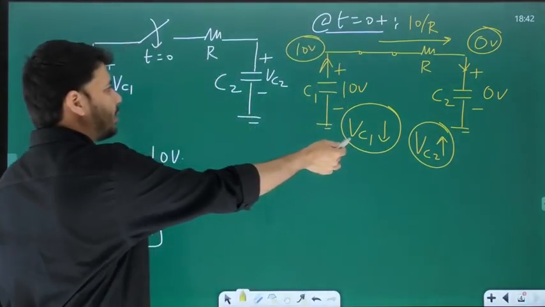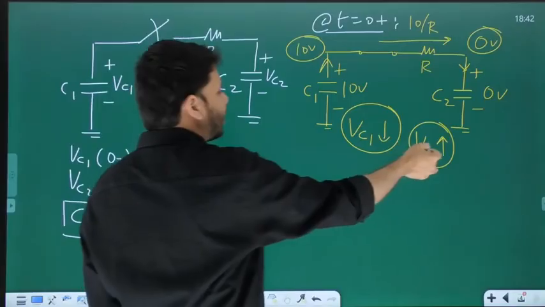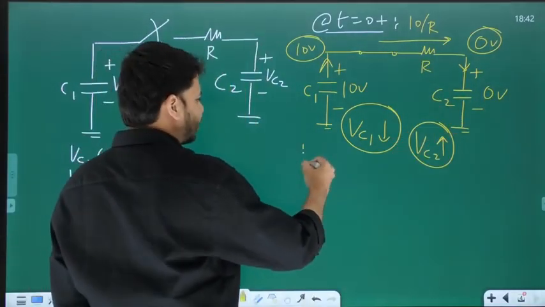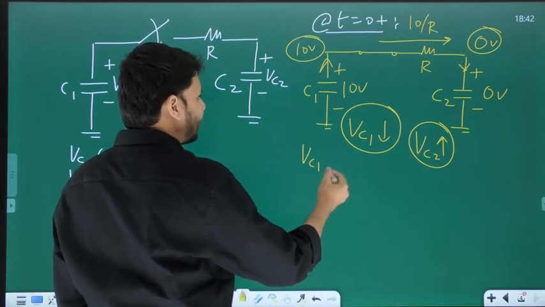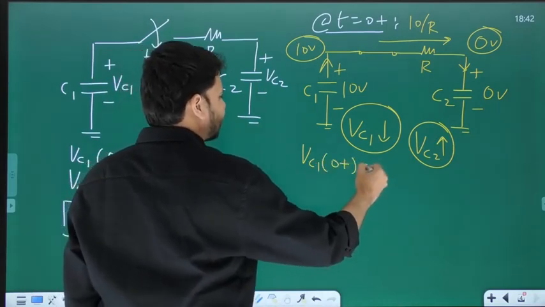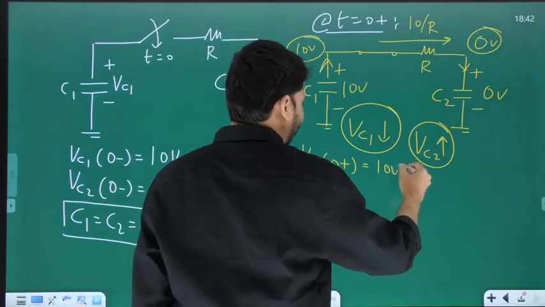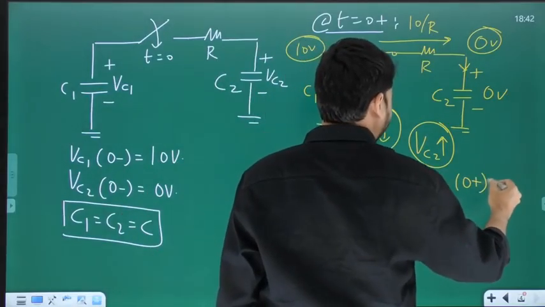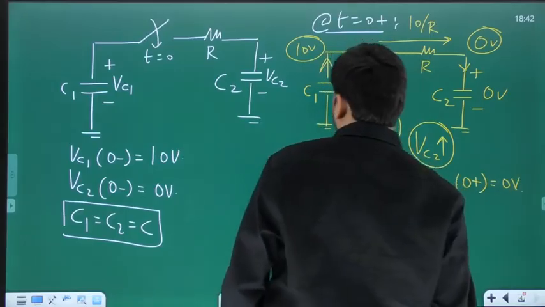And what is the initial value of VC1? It is 10. And what is the initial value of VC2? It is 0. Just for the sake of completeness, let me write down VC1 at 0 plus to be equal to 10 volts. And VC2 at 0 plus to be 0 volts.